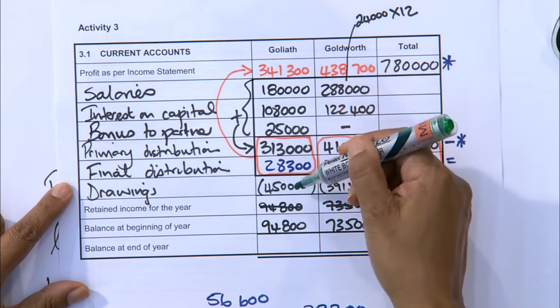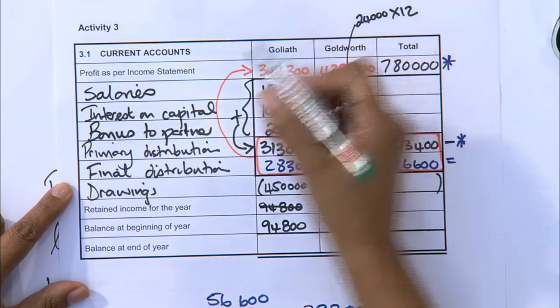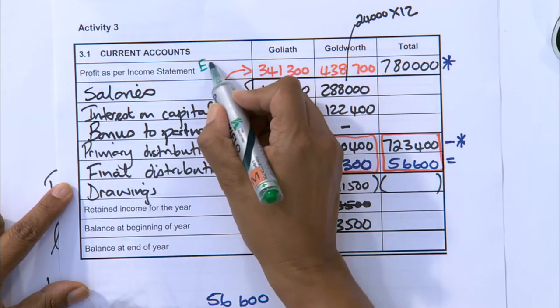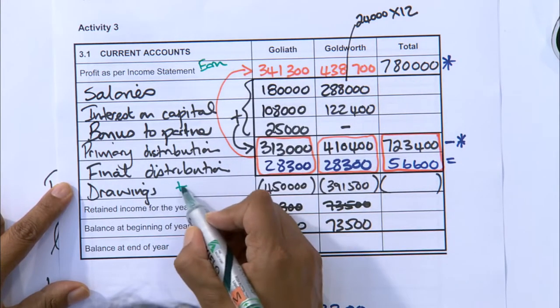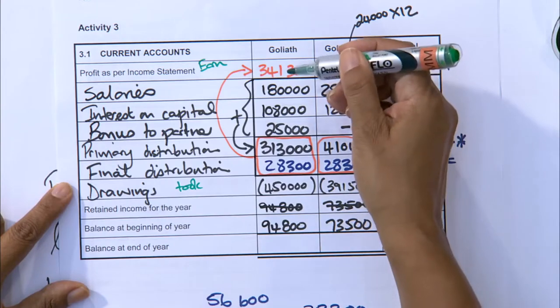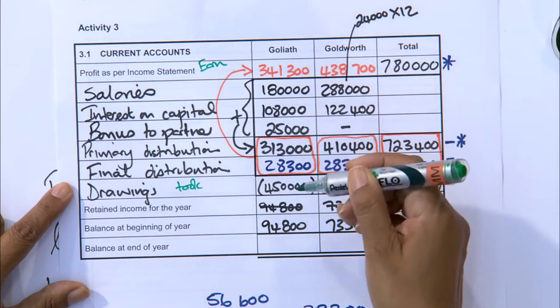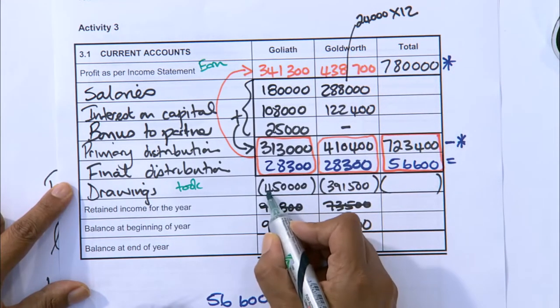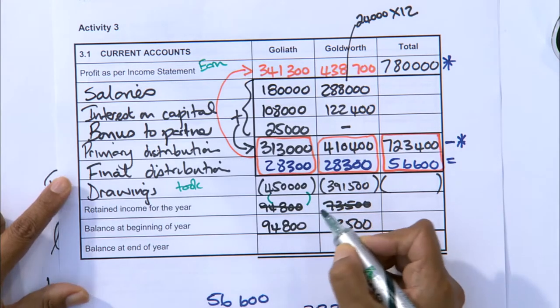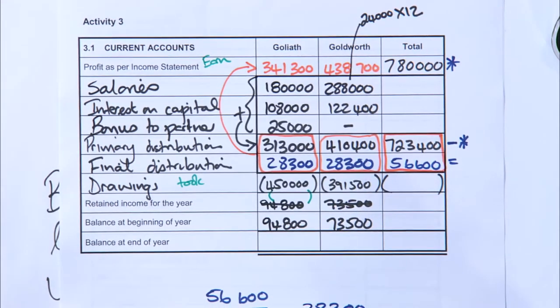So he took out more than he earned. This is what they earn, and this is what they took. So he earned 341 and he took 450. So guess what? He took more than he earned, so now he's got a negative balance.